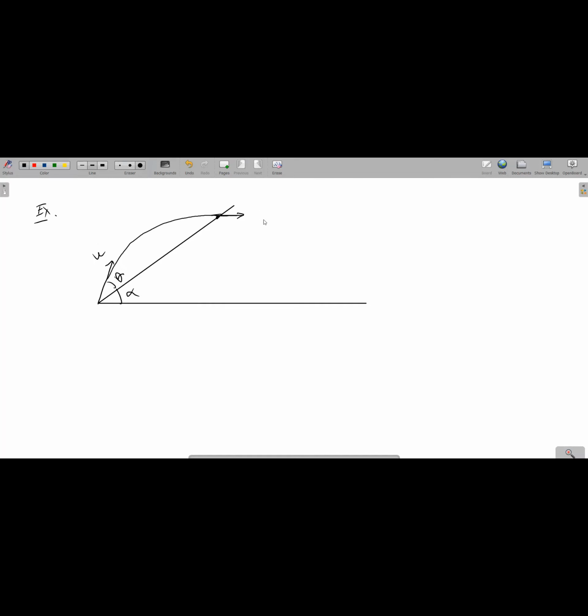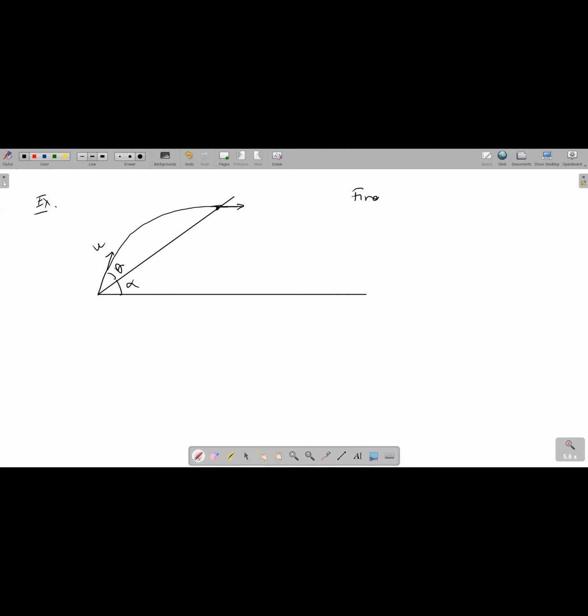You have to find the relation between theta and alpha if the ball strikes the inclined plane horizontally. Let me see now how many of you solve this.